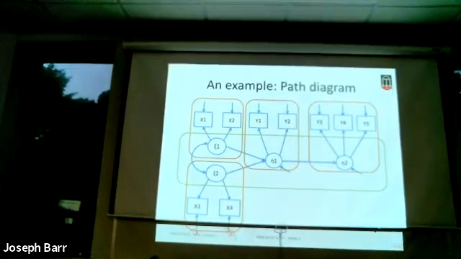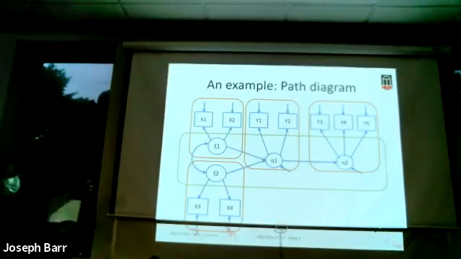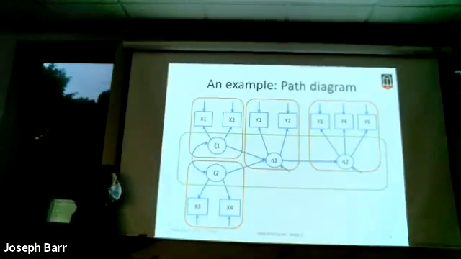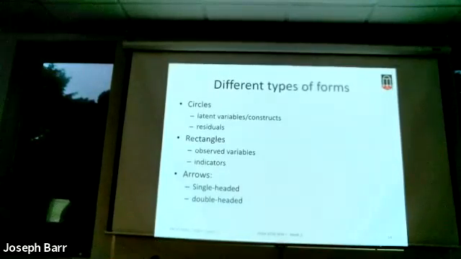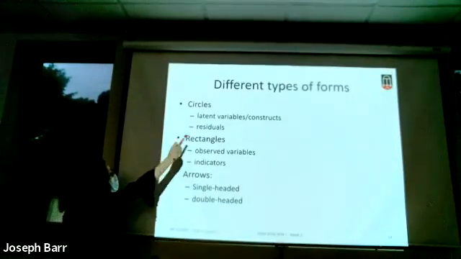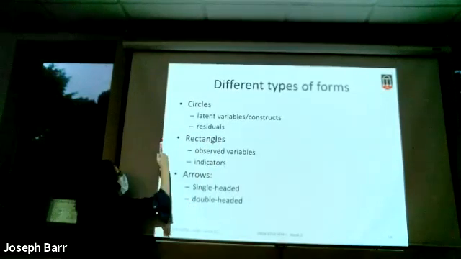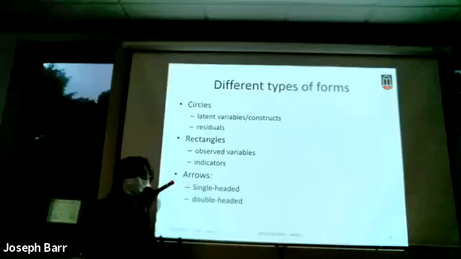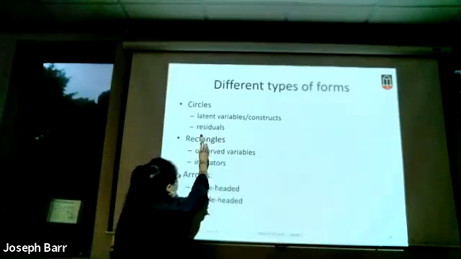We use a path diagram. So here you can see that there are different types of forms. We have some different shapes of variables. So let me explain those components. We have circles. In SEM, if it's latent, that means if it's not directly observed, we use a circle.